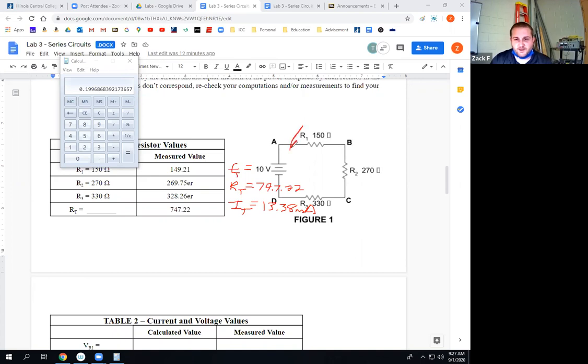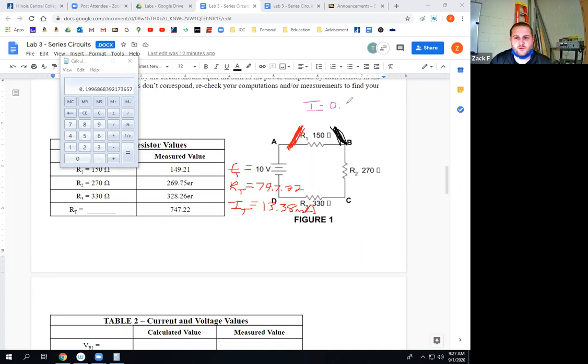We'll do that later. So here's what we're measuring. Red lead, black lead across R1. So at R1, what is my current? 13.38 milliamps.